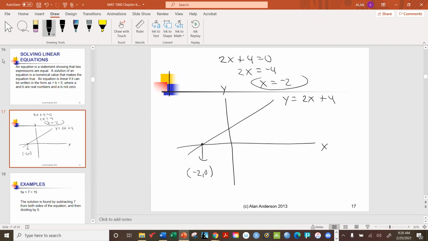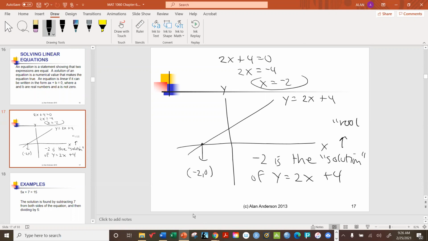And so the idea here is that -2 is the solution of y equals 2x plus 4, because this is the value of x at which y equals 0. All right. By the way, sometimes the word solution is replaced with root. You may have heard that word before, the root.